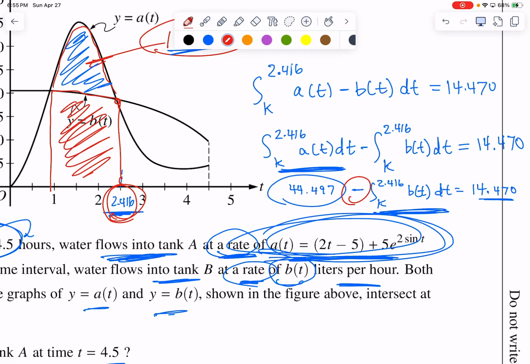If you subtract this over, so 14.470 minus that decimal you had on your calculator, and then divide by a negative, will you not have the integral from K to 2.416 of B of T dt? You will.